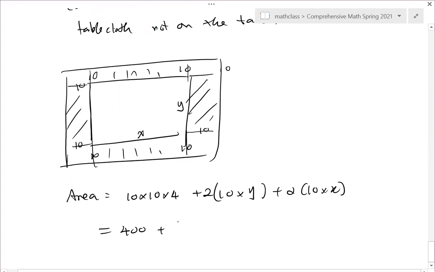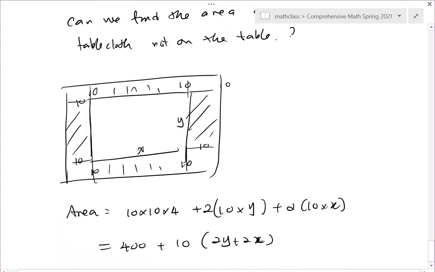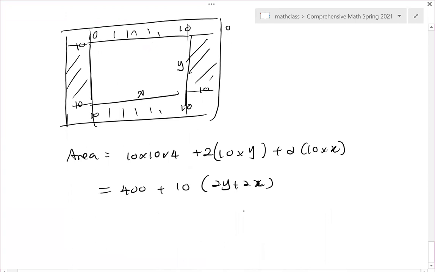And we can take a 2 out and get 2y plus 2x, but 2y plus 2x is already given, 218. That's how you solve the problem. That's what she got. Good job. So it only depends on the perimeter.